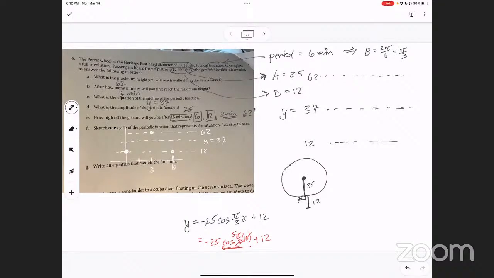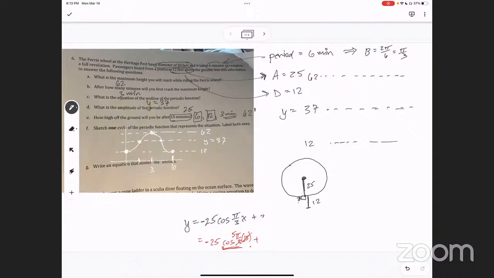And your height at 1.5 is going to be on that midline. So your graph looks like this. Okay. But yeah, I think this 12 should not be 12. I think this 12 is supposed to be 37. Yeah, it is. It's supposed to be 37.